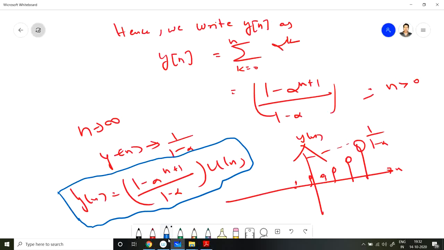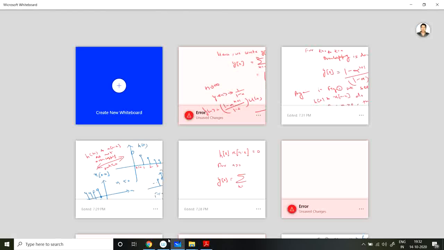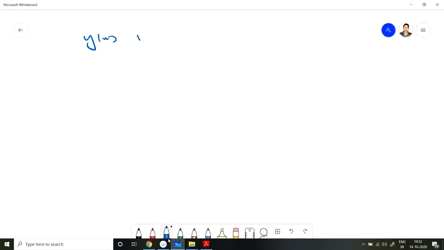So from part A and part B, we find that y[n] is the same for both calculations.